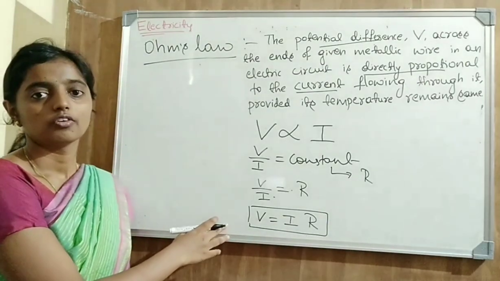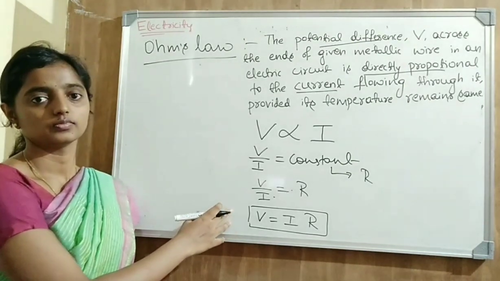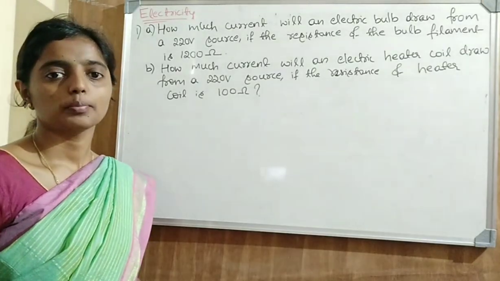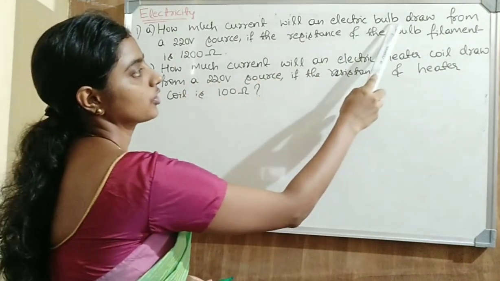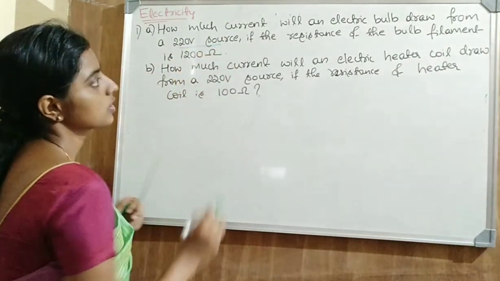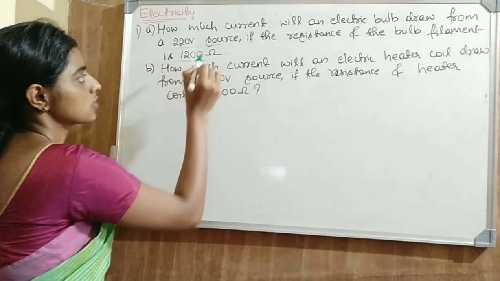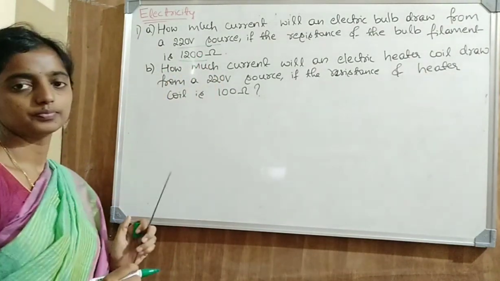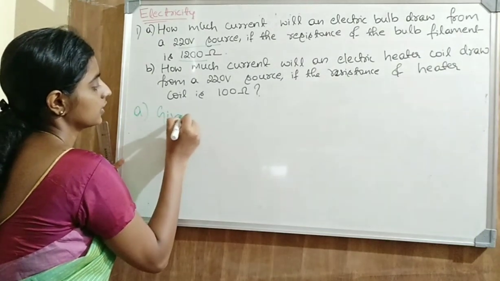Now let us solve a few problems regarding Ohm's law. Look at the problem. How much current will an electric bulb draw from a 220 volt source if the resistance of the bulb filament is 1200 ohm? Here, what are the given things?